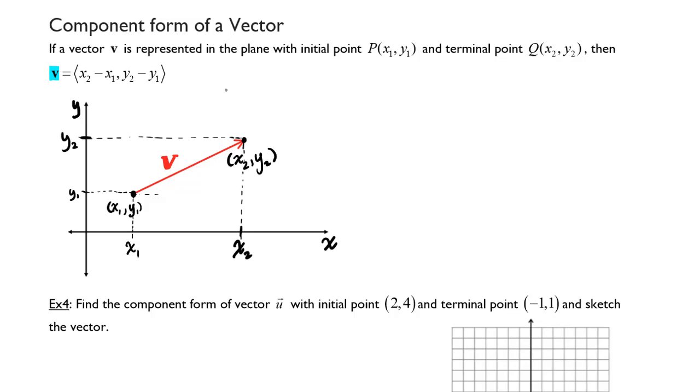We can also list its components. Our x component will be x sub 2 minus x sub 1. And so the vector v is equal to first component x sub 2 minus x sub 1, and second component vertical direction y sub 2 minus y sub 1.